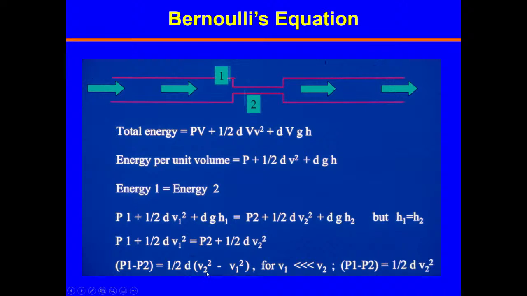If the velocity at point 2 is so much higher than the velocity at point 1, you can ignore the velocity at point 1. And now we end up with that expression: the pressure gradient between points 1 and 2 is given by half multiplied by the density of the fluid multiplied by the velocity at point 2 squared.